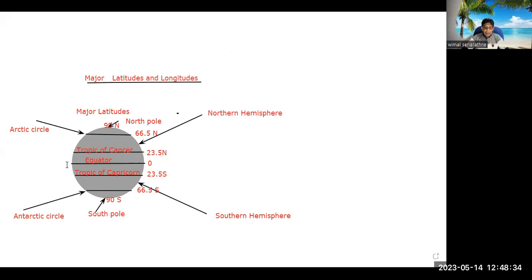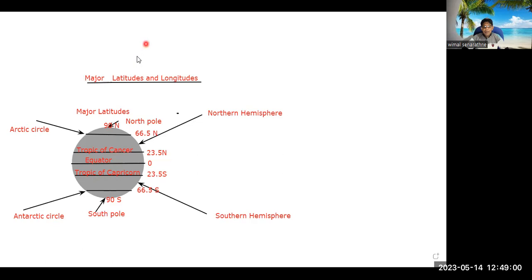You must remember these very important latitudes: equator, Tropic of Cancer, Tropic of Capricorn, Arctic Circle, Antarctic Circle, North Pole, South Pole. These are the important or major latitudes.